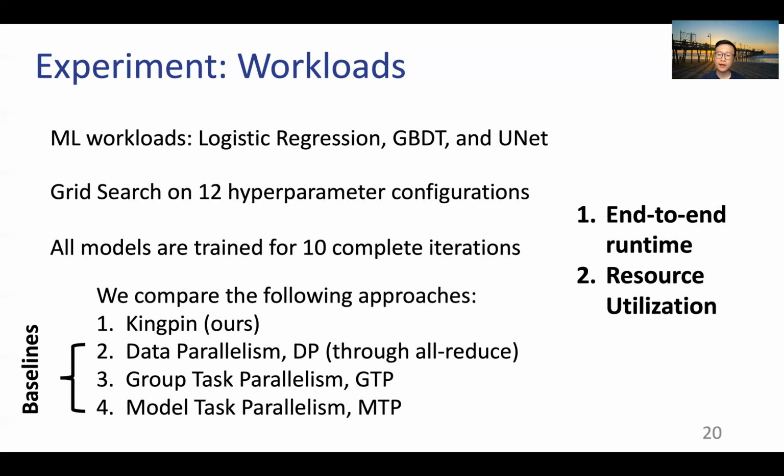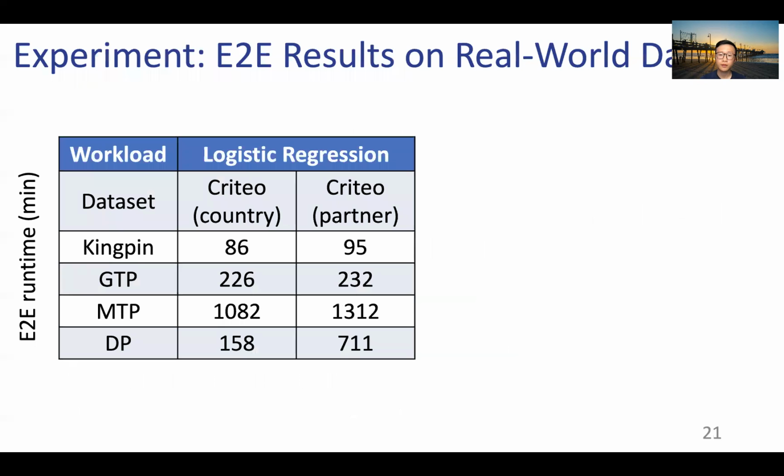We have 3 baselines: data-parallelism, DP; group task-parallelism, GTP; and model task-parallelism, MTP. DP is achieved through all-reduce. GTP and MTP are variants of task-parallelism. GTP places the entire model selection of a given group on one worker. MTP breaks apart the model selection of a group to place one config at a time.